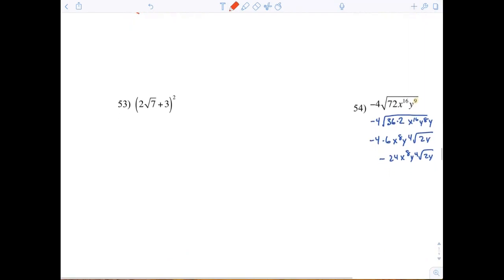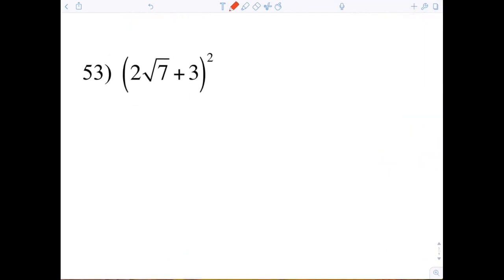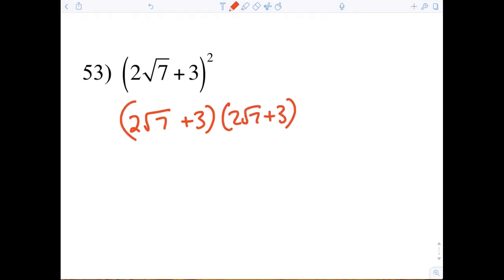All right, here we go. 2 radical 7 plus 3 squared. So remember, you got to write 2 radical 7 plus 3, 2 radical 7 plus 3. Four times 7, which is 28. Does anybody have any problem multiplying 2 radical 7 times 2 radical 7?